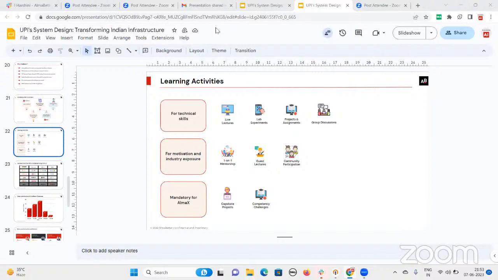We have incorporated it. Yeah, sure, the PDF will be shared with you.